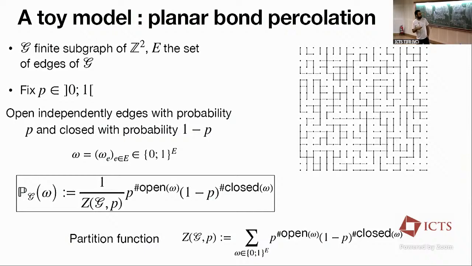The probability of a configuration is proportional to P to the number of open edges times 1 minus P to the number of closed edges. The scaling factor, which is going to be important in our setup, is the partition function, and this will play an important role.